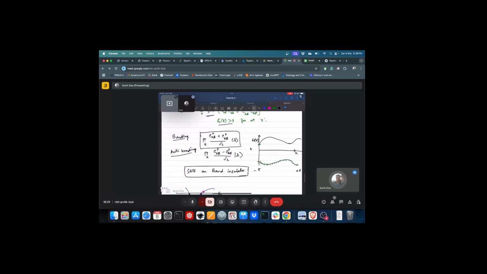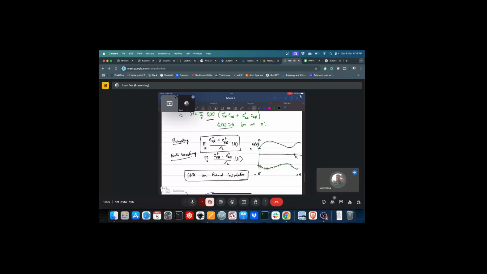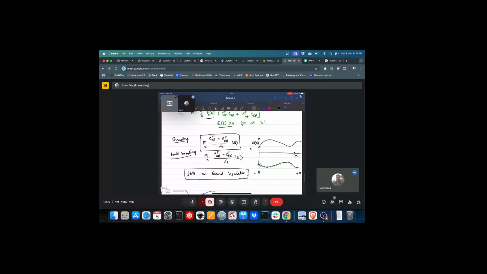This is the reason why we stick to the half filling case. In our model we took the half filling case because the lowest energy state will be completely filled, and because there is an energy gap, the electrons cannot go from this state to this state. So essentially it behaves as an insulator.